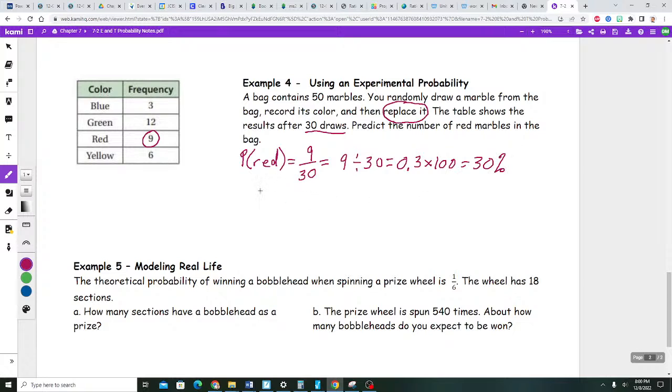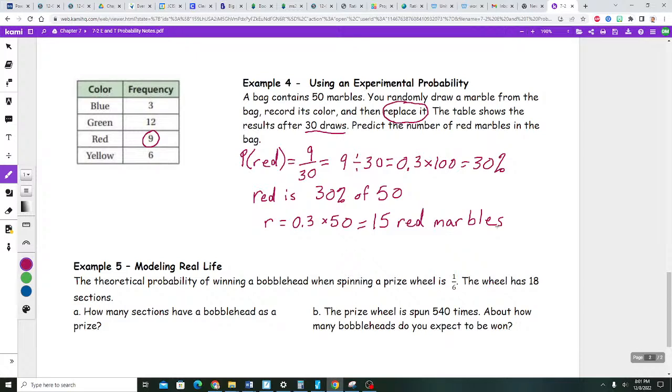So we can say red is 30% of 50. Now again, this is just a guess based off of what we've done. So R equals 30% of 50, so 0.3 times 50 gives us 15. So we're predicting 15 red marbles.